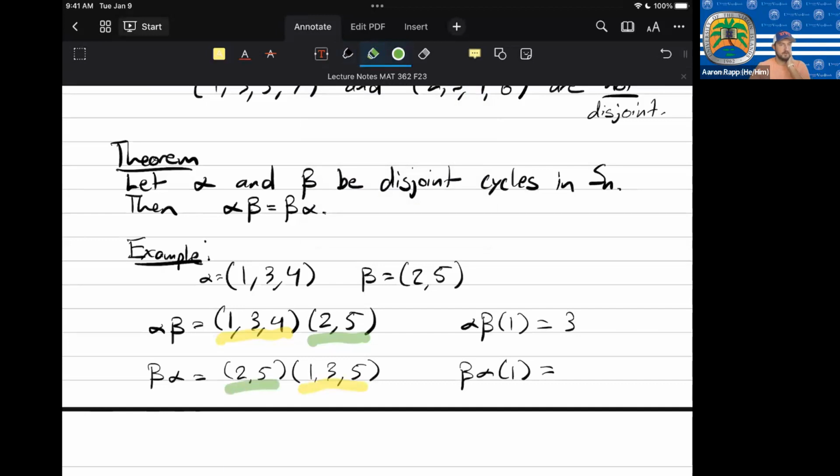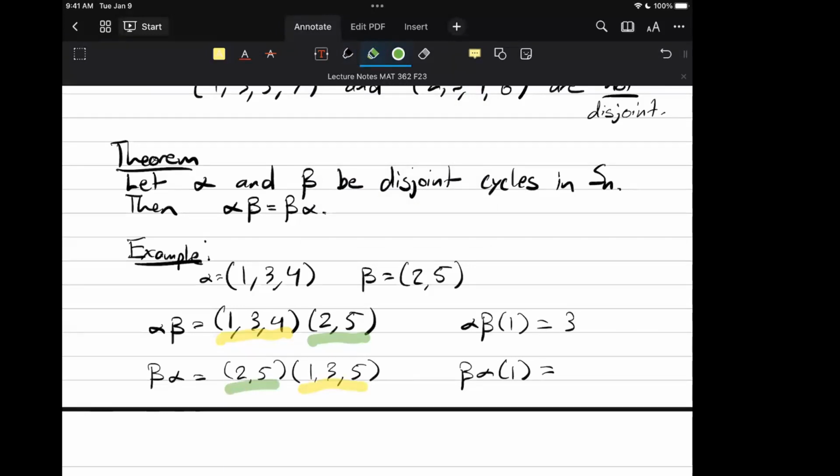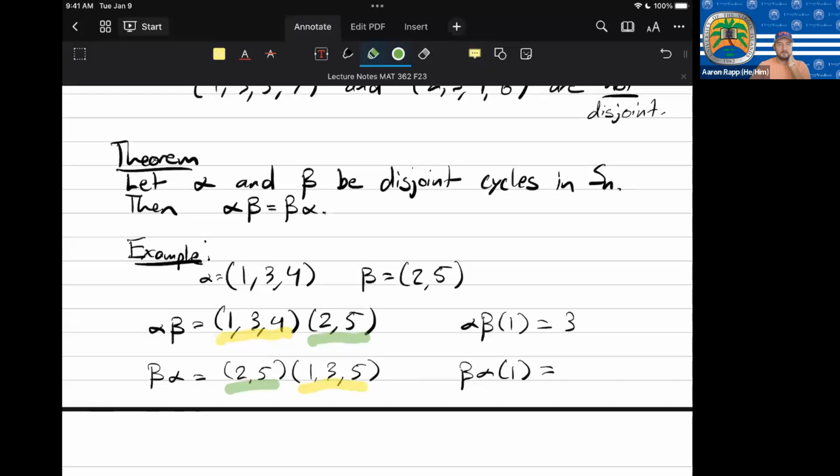And it turns it into 3, but does 3 show up in the green cycle at all? Or does the green cycle permute the value 3? No. Yeah, right? The green cycle only does things with the value 2 and the value 5. So anything that comes out of the yellow cycle will never be affected by the green cycle, because any output that I can get from the first cycle, which is just 1, 3, or 5, anything that changes will also be changed later on by the green cycle to 5.